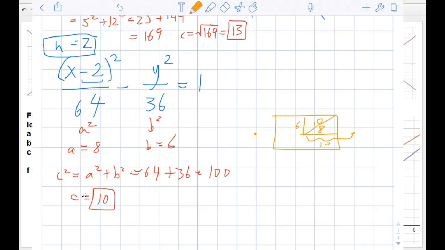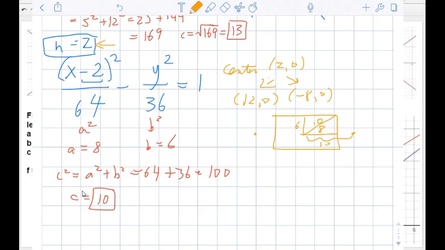Now the thing is, in this case, the center is not 0, 0 because we know that the h value is 2. So the center in this case is 2, 0. So if we were going to generate 2 foci from 2, 0, we would place one focus 10 units to the right, which would be 12, 0, and we would place the other focus at 2 minus 10, which is negative 8, 0.